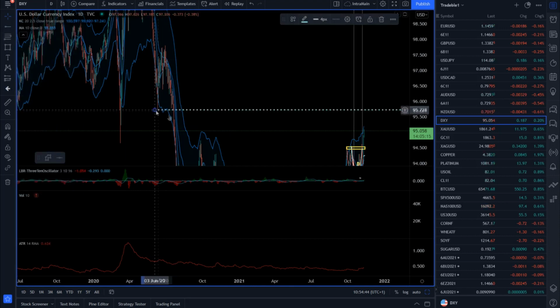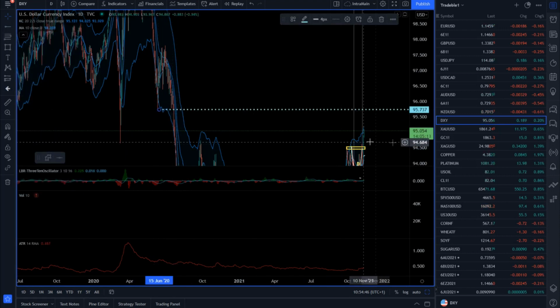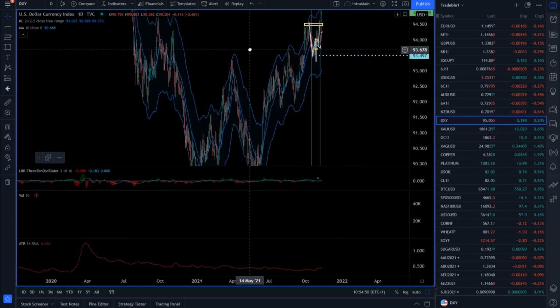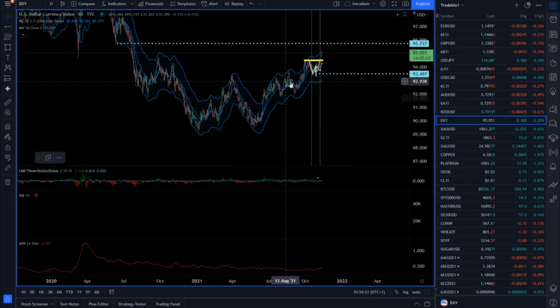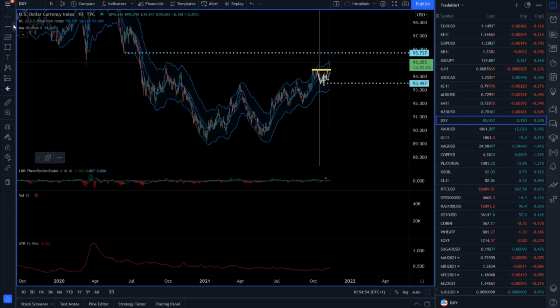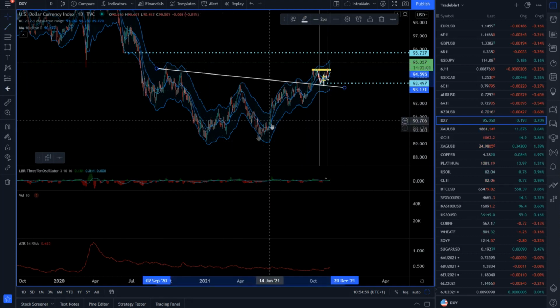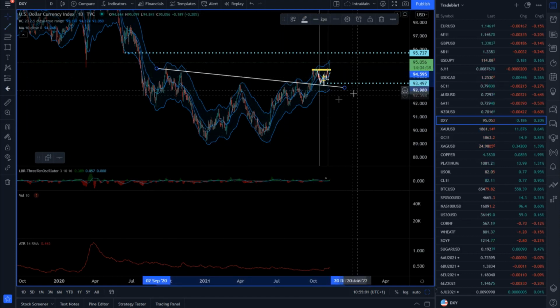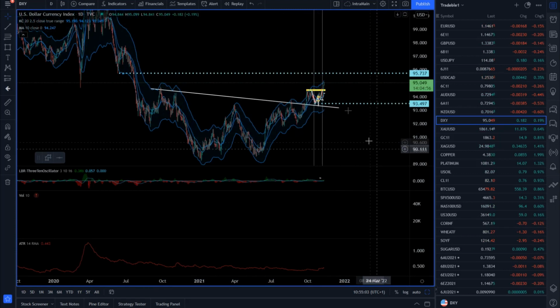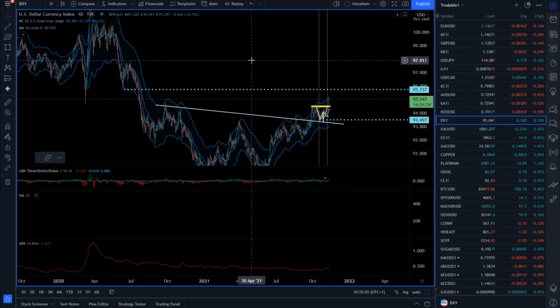And that area is around 95.75. So pay attention. There is still more potential strength on the dollar, and this big basing process, it can be that we really have accumulation here on the dollar index for a further bigger rise.